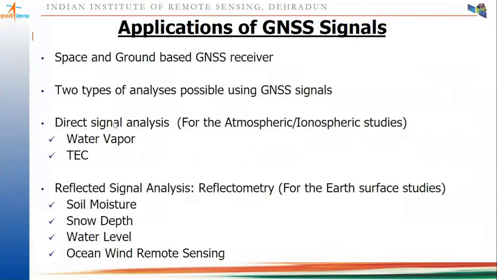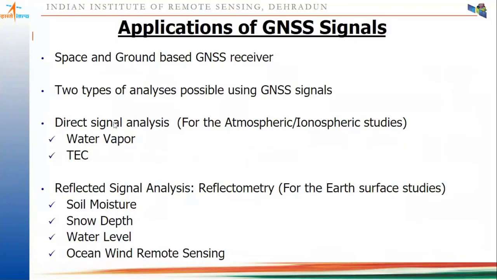Some of the signals will also be reflected from the surface, and this can also be received by a receiver. When we talk about the direct signals, atmospheric or ionospheric studies can be done. We can estimate the TEC, and we can estimate the water vapor content.